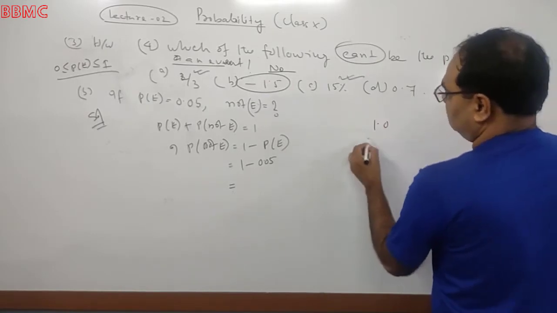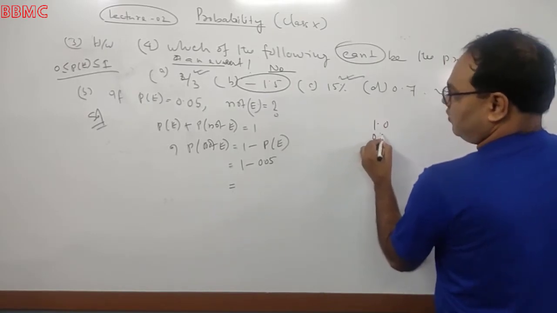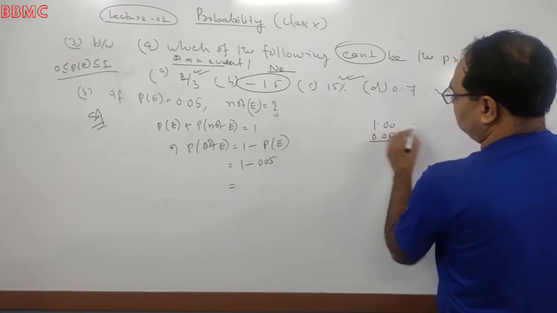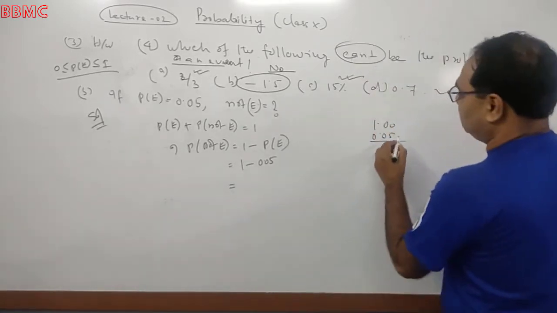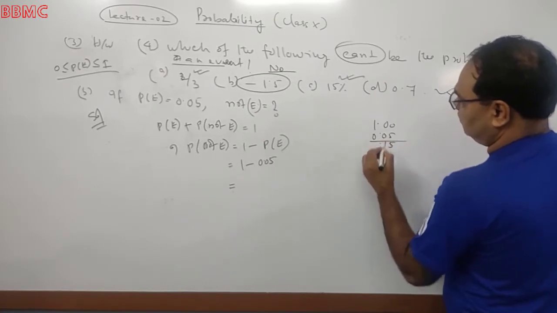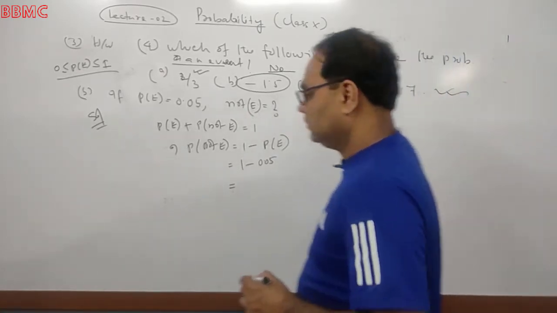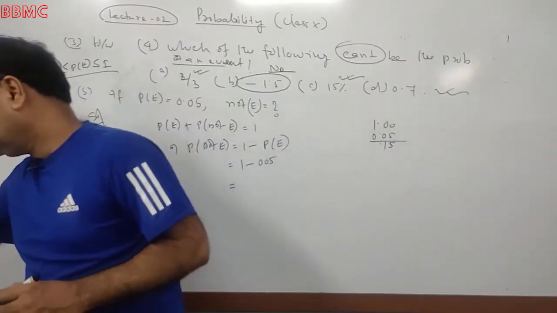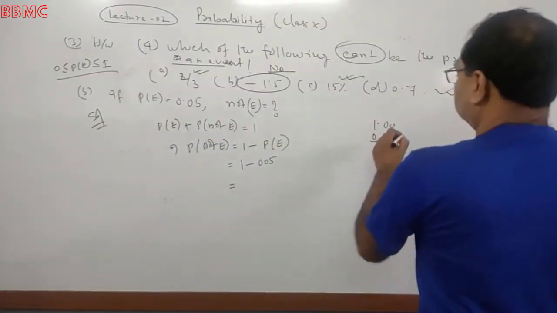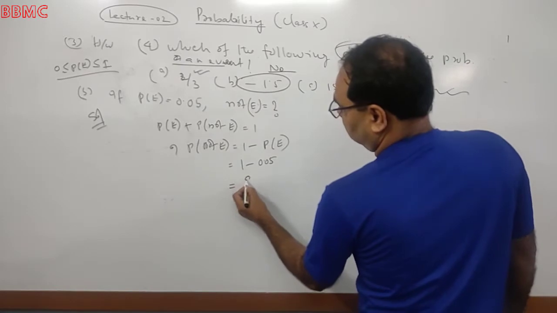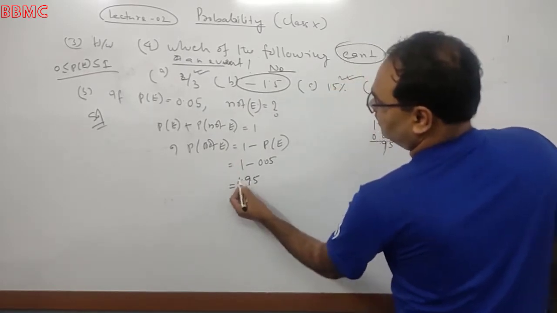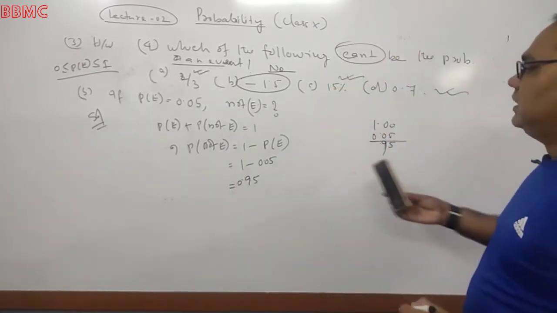Oh, sorry, this is 0.05. 1 minus 0.05 is 0.95. This is the answer here.